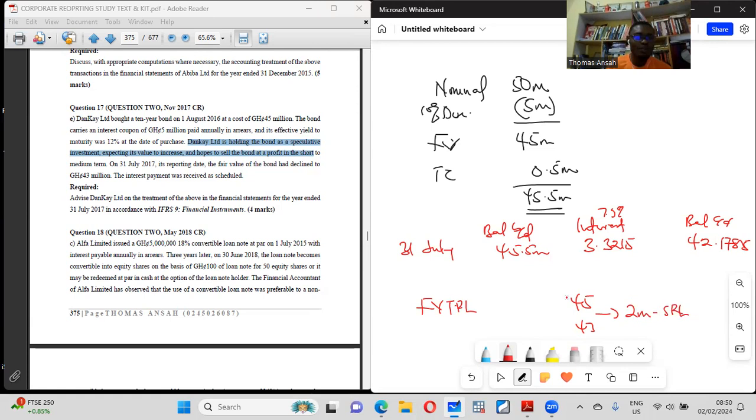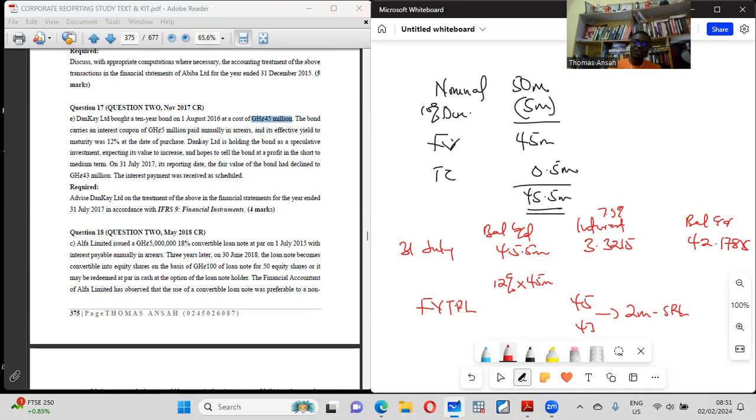Somebody will ask, so what happened to the effective rate? Yes, of course, the effective rate that you have here on this 45 million is something that will also be received. So this one, we are talking about the valuation. So you can do the 12% multiplied by the 45. That one is not a fair value.